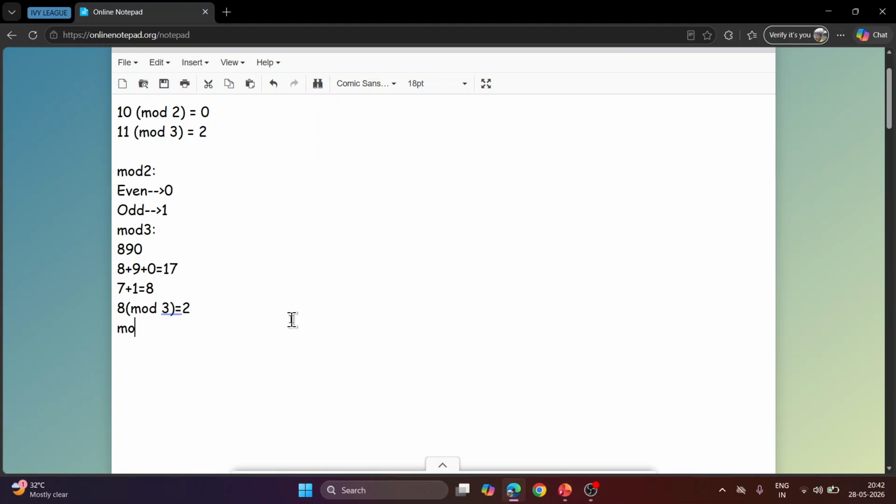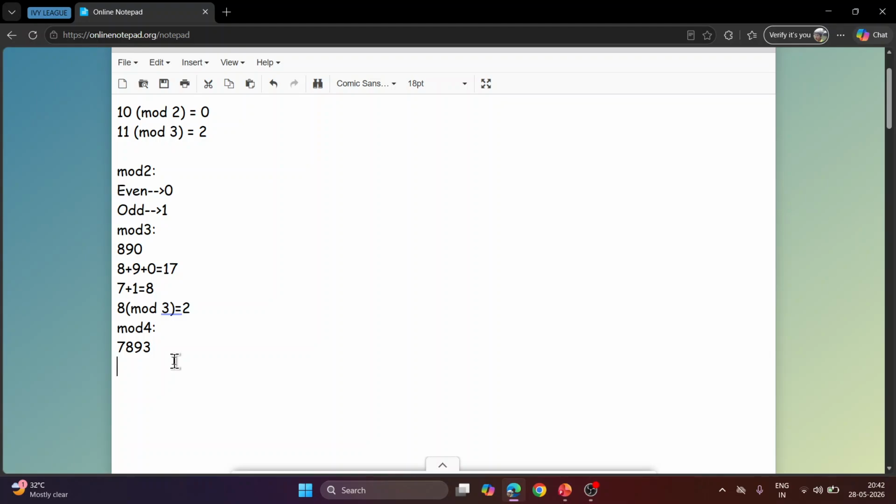And if you go to mod 4, again, let's take an example, some big number. Here, you don't have to consider the whole number. It's enough to just consider the last two digits.